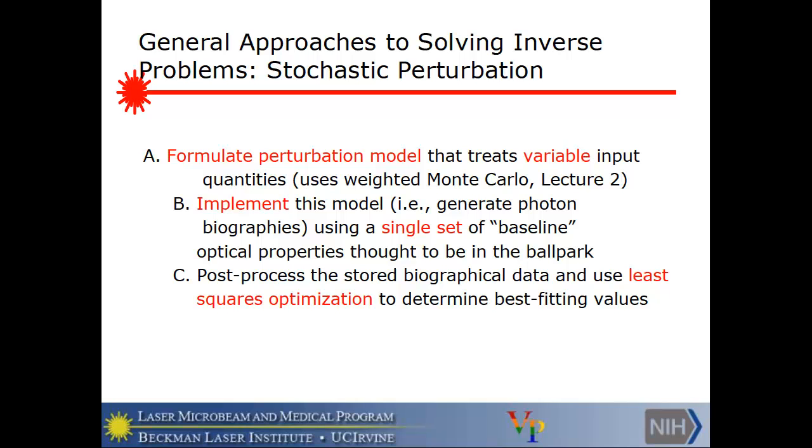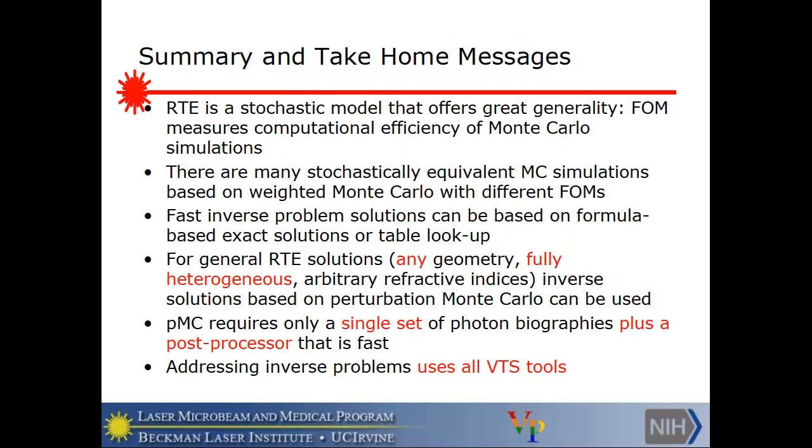So the computational cost is mostly that of the single set of biographies. Much less of it is in the iteration done in the post-processing computation, and convergence can be obtained with a powerful gradient-based method, because, as Carlo will tell you, we have Monte Carlo estimates of the derivatives, the sensitivities. So those are available, and you can use a gradient-based optimization method, like the Levenberg-Marquardt method, which is the standard one that we use.